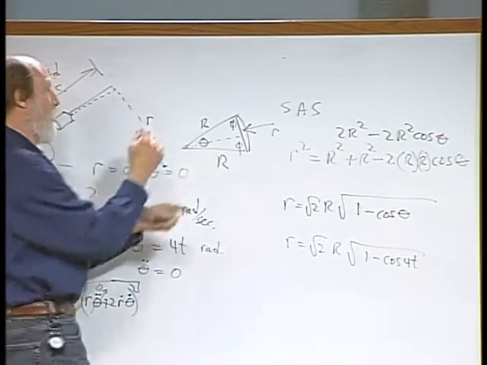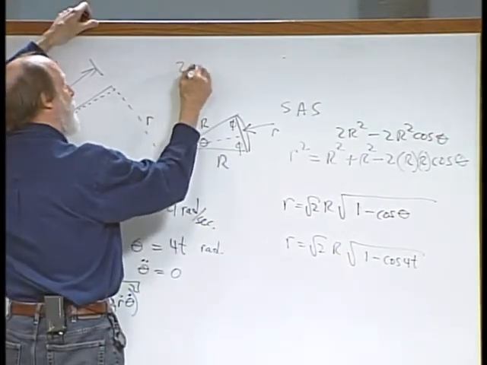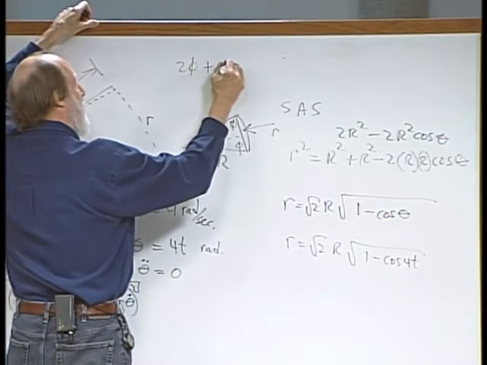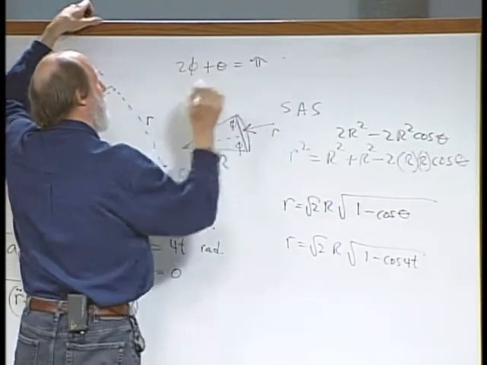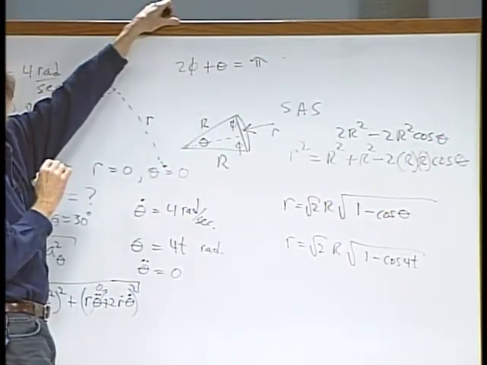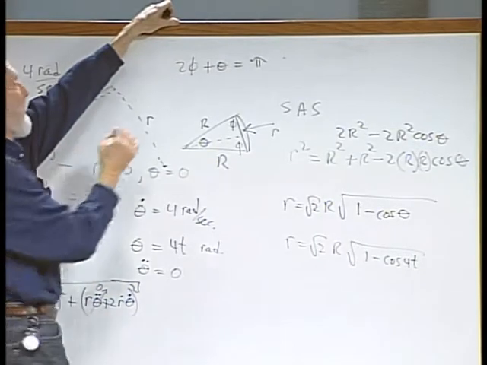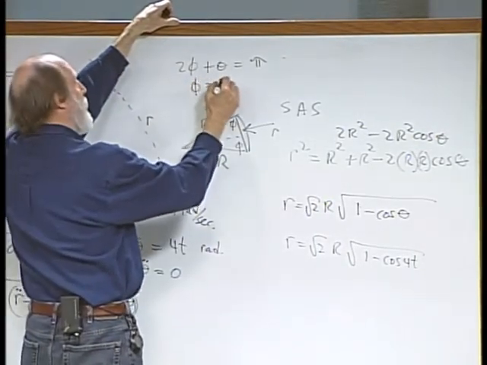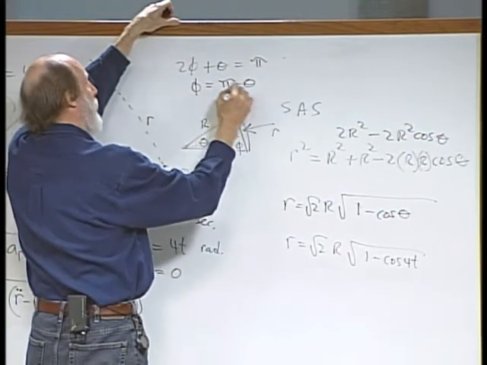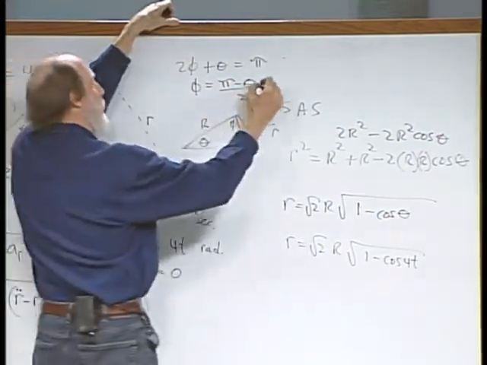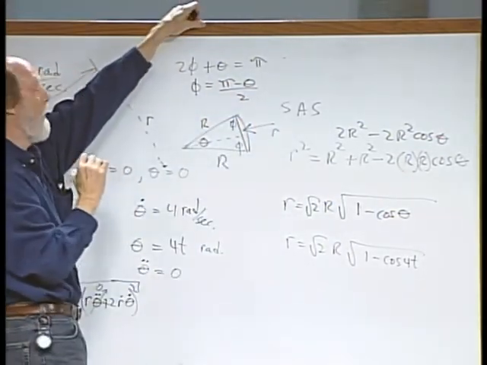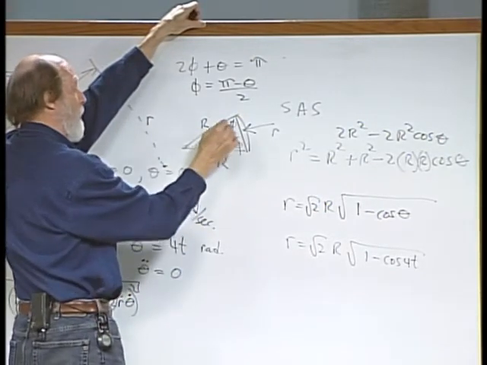That's correct. So twice phi plus theta has to be pi, right? Okay, so therefore phi is going to be pi minus theta over 2, and then using law of sines on it.